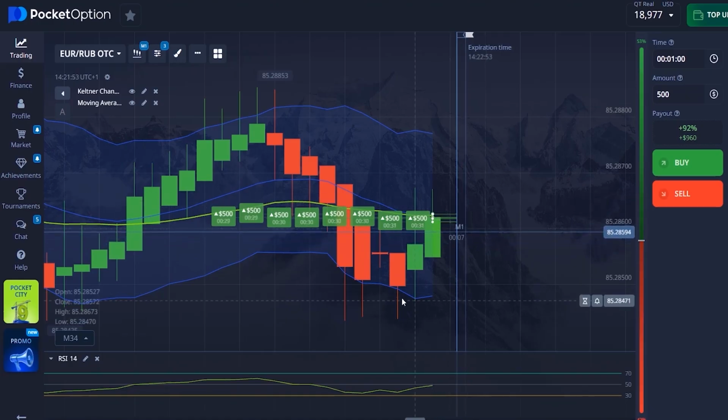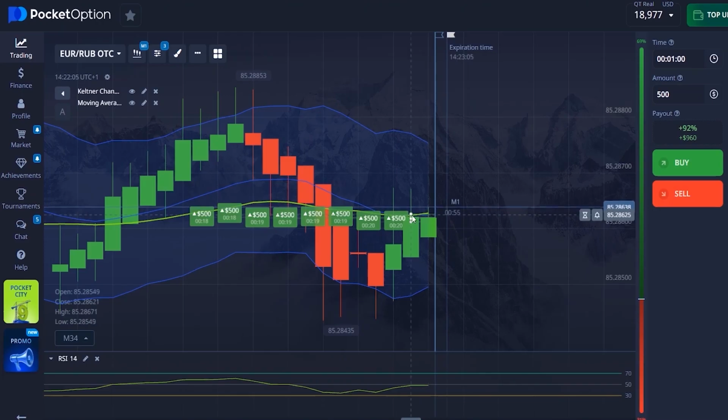Not only that, the other thing I also put into consideration is that before I can find a confirmation to go into the market, the candlestick has to be above the moving average line, just like what I have right at this point. It has to be above the moving average line, and that will give me another confirmation that yes, the buyers are pretty much serious right here and they are ready to push the market towards an upside direction.